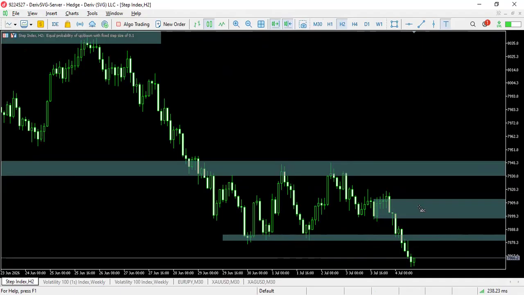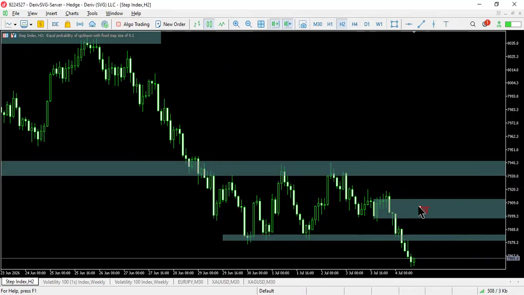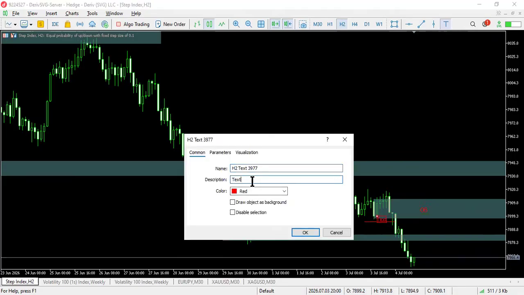So we have an order block. We have an order block right there. And then we have that internal break of structure.